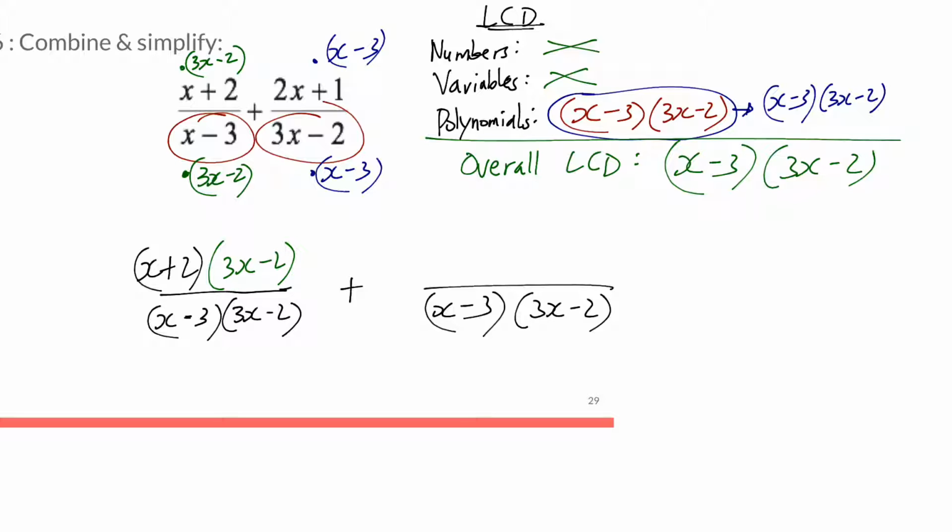And over here we have 2x plus 1 times x minus 3. And while at the bottom we don't have to multiply it out, the tops we do. We do have to use FOIL to expand this and this.